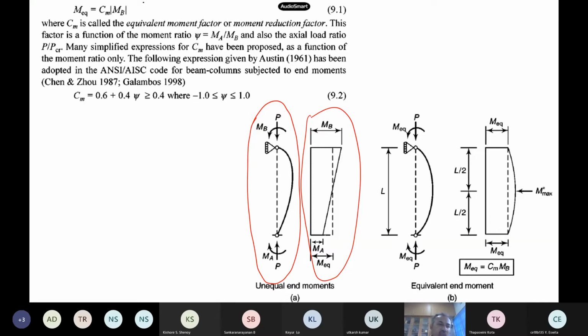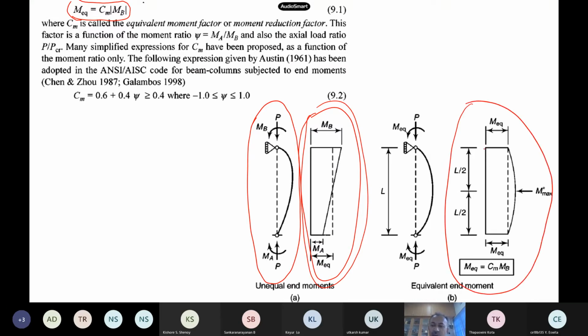So here the code specifies what we call the equivalent moment. Whatever bending moment you have, it may be quadratic, or this, or that, or anything. We approximate this in this type of format, with an equivalent moment like a rectangle. This is my M max. The equivalent moment is written as some C times M. This is like a moment factor, a conversion factor.